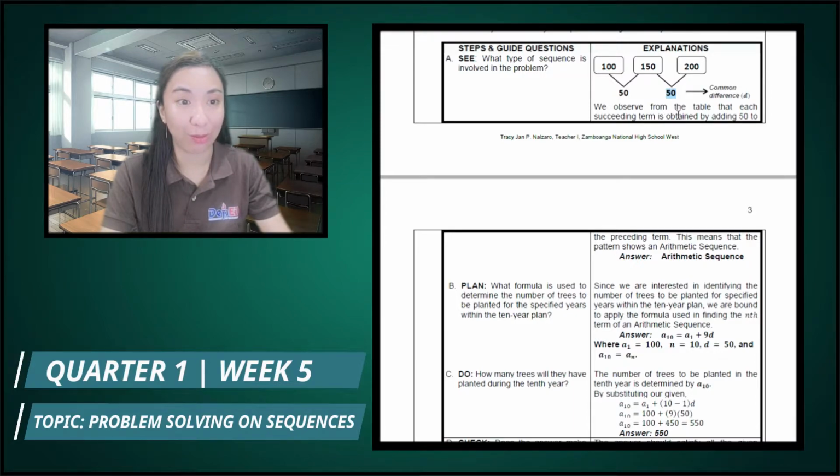So we observe from the table that each succeeding term is obtained by adding, take note of this, 50 to the preceding term. This means that the pattern shows an arithmetic sequence. So the type of sequence involved in the problem is an arithmetic sequence.